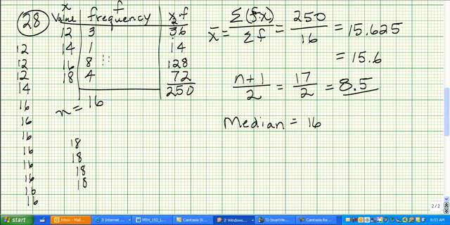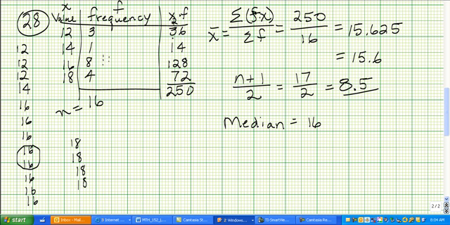So when we figure out it's the 8.5 position, 1, 2, 3, 4, 5, 6, 7, 8, it's halfway between the 16 and the 16. So if necessary, use your frequency to indicate we have 3 12s, 1 14, 8 16s. If that helps you, write it out. It doesn't take that long in most cases.